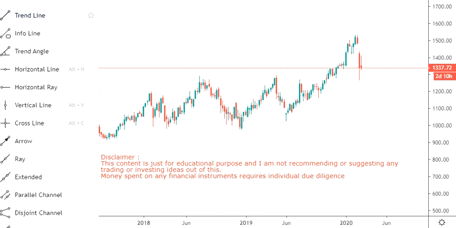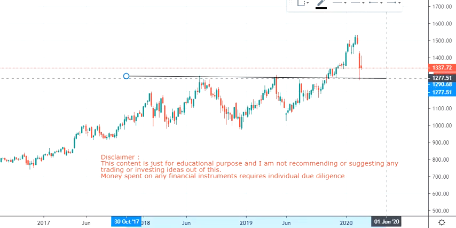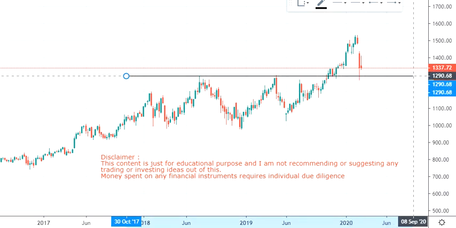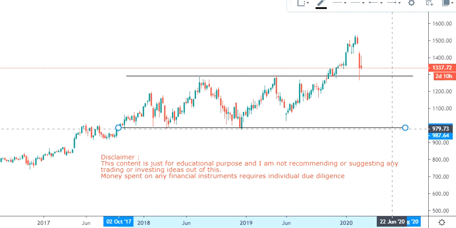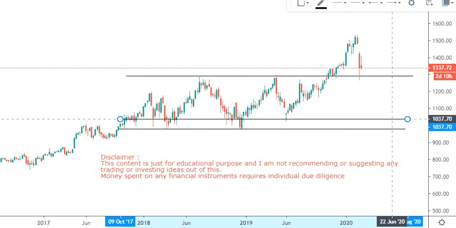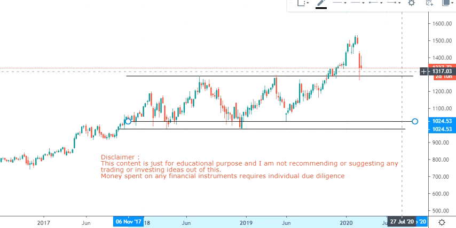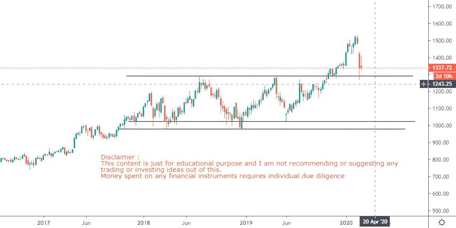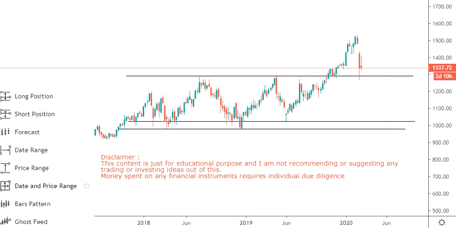Firstly, what you can see here is a consolidated range. If you make a support and resistance line over here, you can see this is the range. The company has spent a pretty decent time in this range.